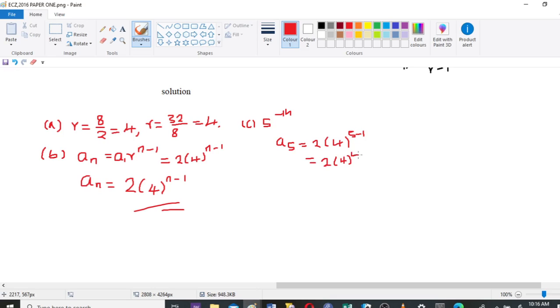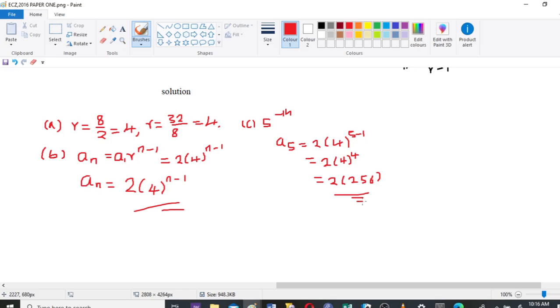Now 4 to the power 4 should be 256. You can leave it here, or you can multiply this by 2 and get the answer. So this is how we use it.